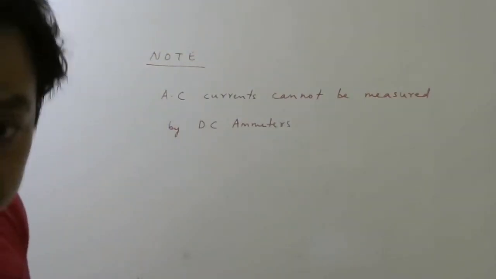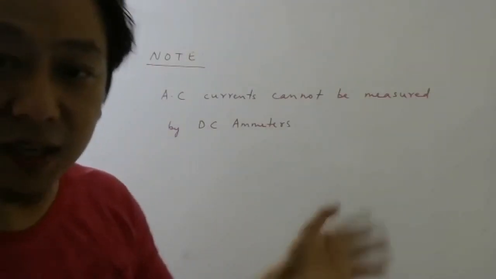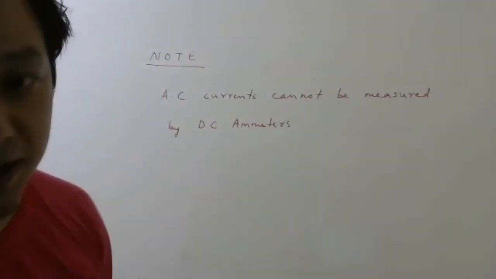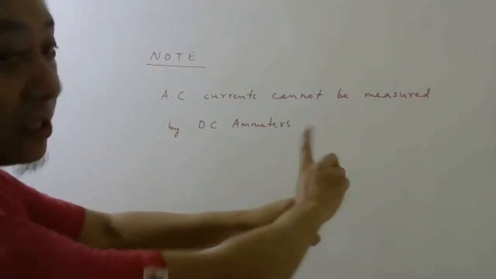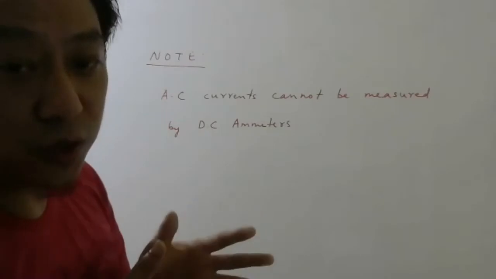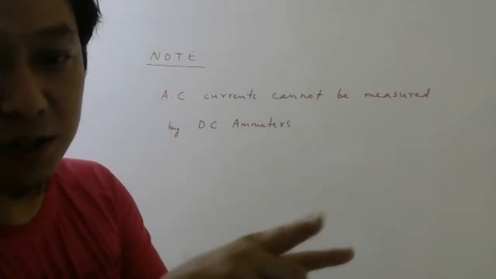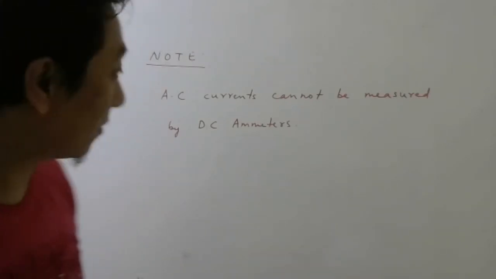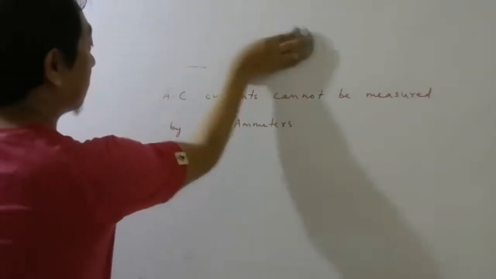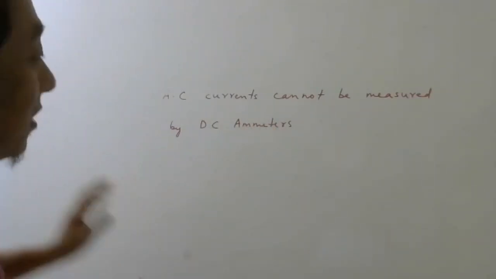The ones which we studied were DC ammeters, where the galvanometer was converted to an ammeter. So remember that. That is because the deflection will be this way, that way, this way, that way. So the average of this will be 0. If you connect AC to a galvanometer, the needle will stay there only. The needle will not show any deflection. So AC currents cannot be measured by DC ammeters.